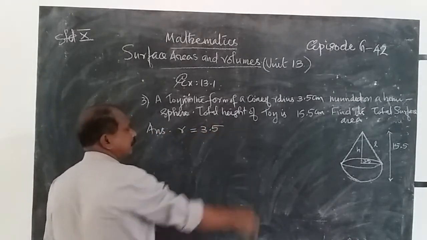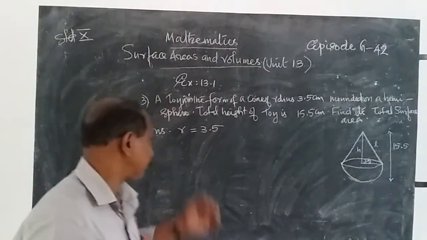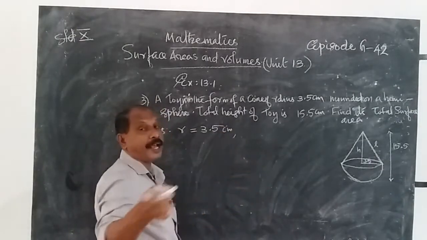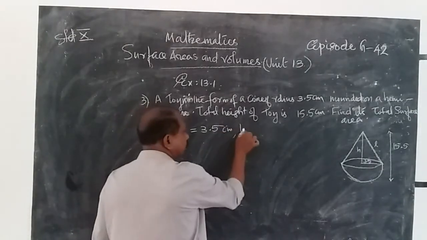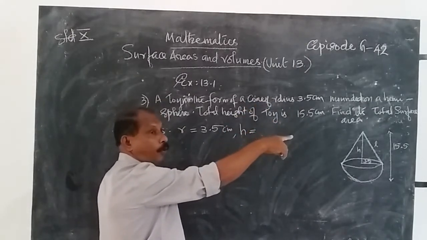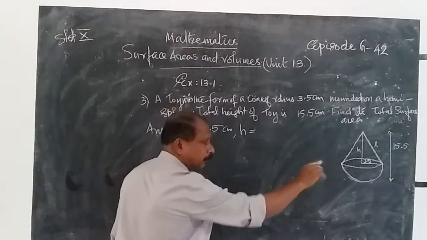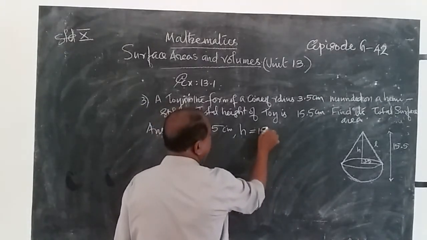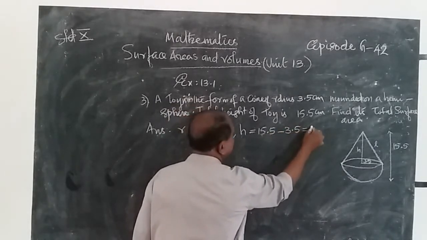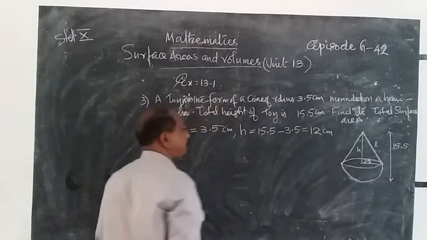That is a multiple of 7, therefore we take pi as 22 by 7. h is the height of the cone. h is equal to what? Total height of the toy minus radius of the base, that is the hemisphere. That is 15.5 minus 3.5, which is equal to 12 centimeter.